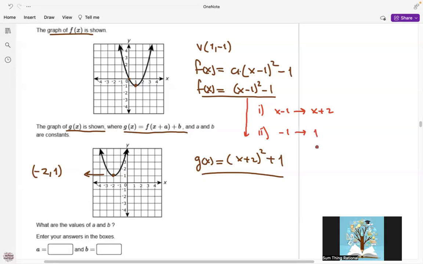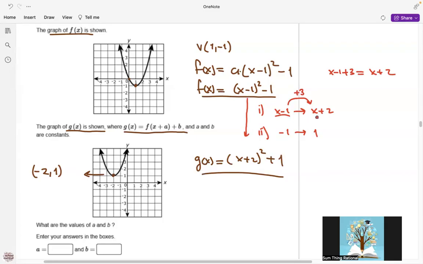What kind of operation is done from x minus 1 to x plus 2? How much bigger is x plus 2 than x minus 1? If I add 3 to x minus 1, you will have x plus 2. It means 3 is added to x minus 1 to obtain x plus 2.